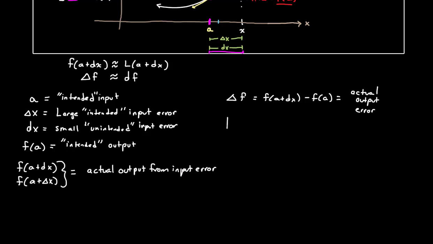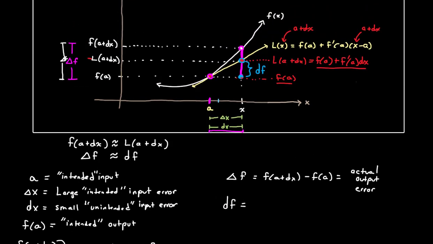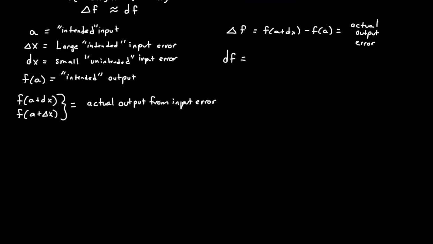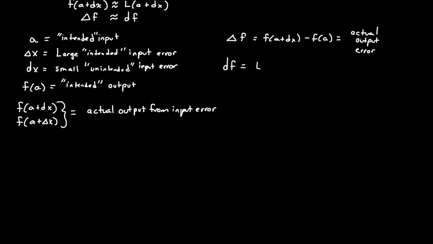And then df, now this one's pretty cool. Df, I'm going to scroll up above here. Remember, df is the difference between the line and the starting point. That's that blue distance, so that's the difference between those two. And so that's going to be L of a plus dx minus f of a, which came out to be f of a plus f prime of a dx.